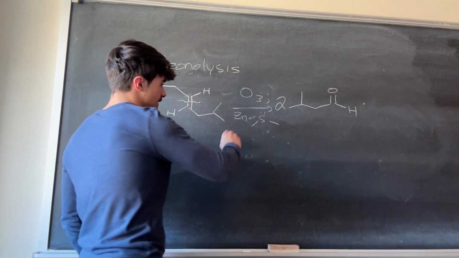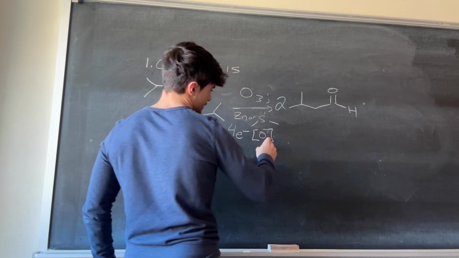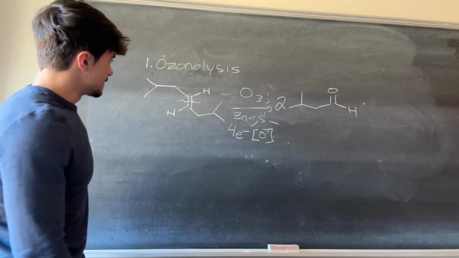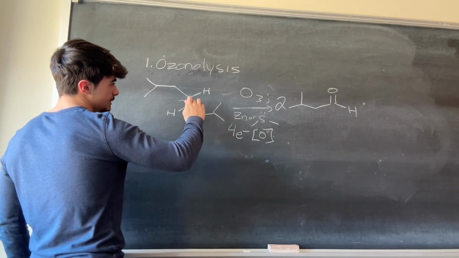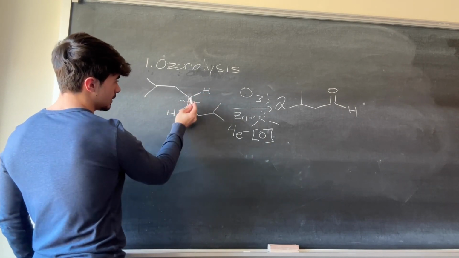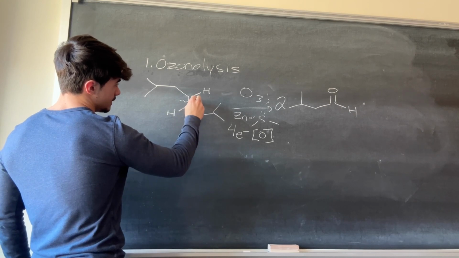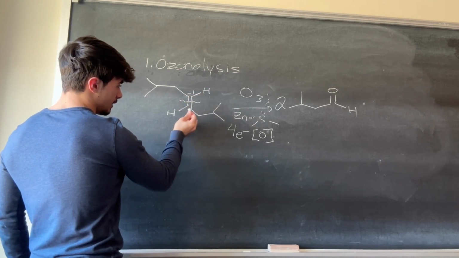In total, this is a 4-electron oxidation, because we're starting from alkene carbons with hydrogens here. So this carbon is 0, 0, 0, minus 1, 0, 0, 0, minus 1.